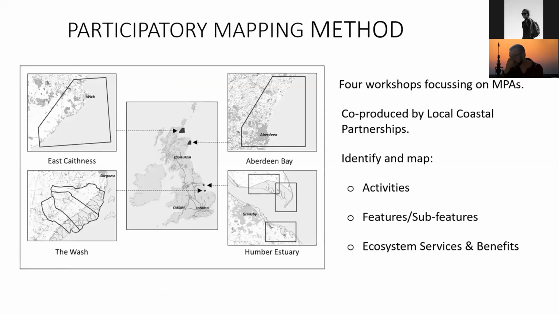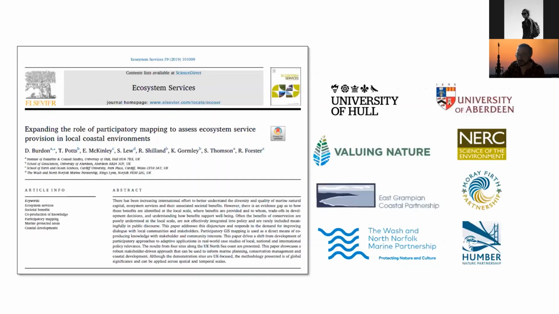And we have developed a series of pilots over the past 5 years in Wick, Aberdeen, the Wash and the Humber Estuary in England. We developed a process using participatory mapping as a technique to try and understand how these services are distributed at local levels: what the activities and features are, how we map those out, and what type of benefits they produce.